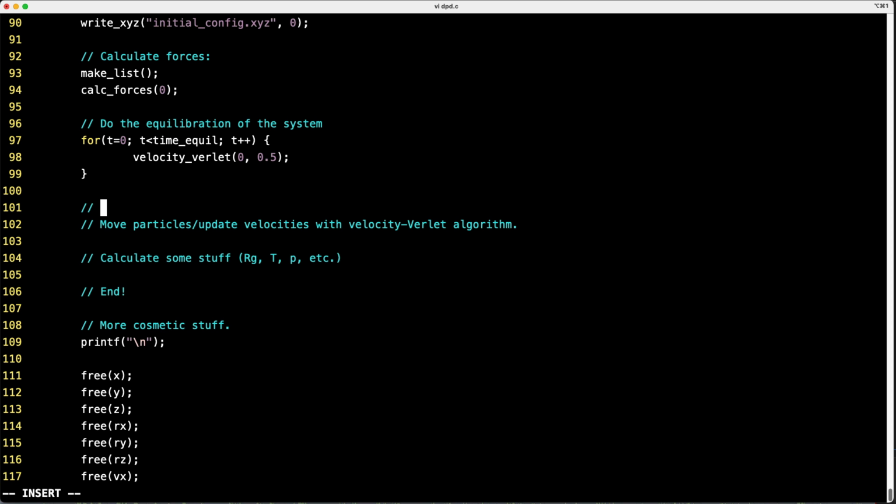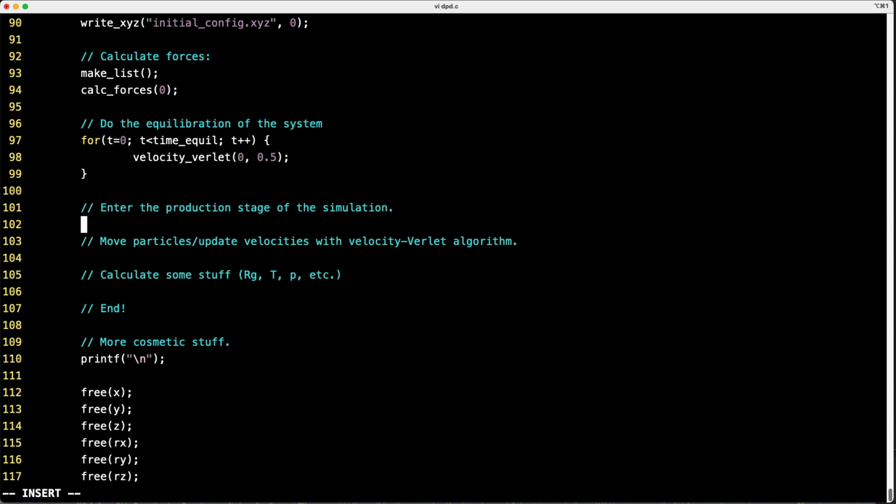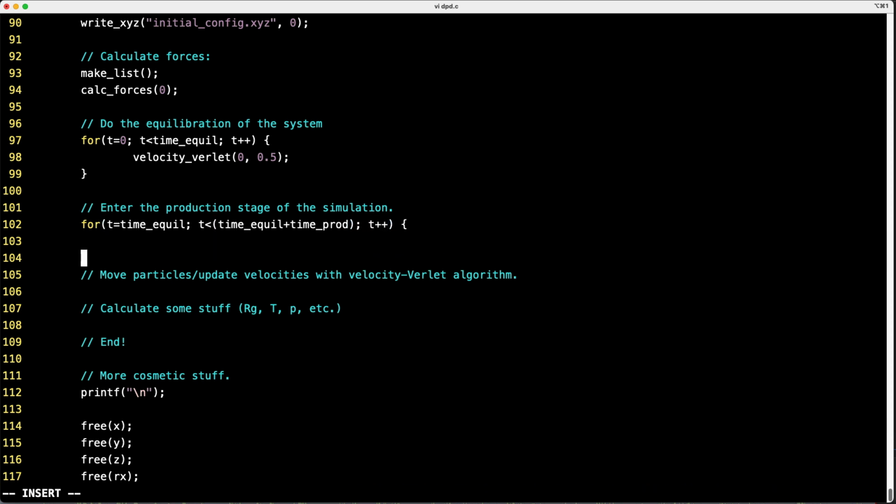And then now we want to enter the production stage of the simulation. So here we'll do from t equals time equil, t is less than time equil plus time production, t plus plus.